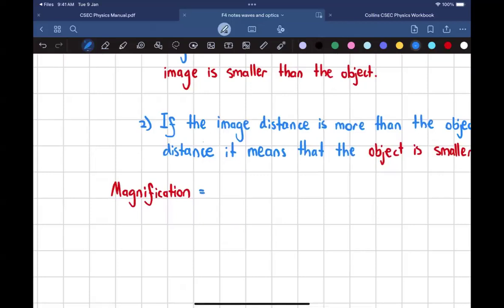Magnification is equal to object distance over image distance. Nah, magnification is the image distance over the object distance, because they compare any image to the object. That's one. And what's the other formula for magnification?